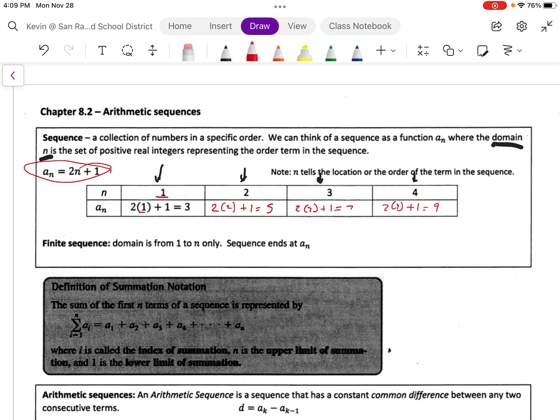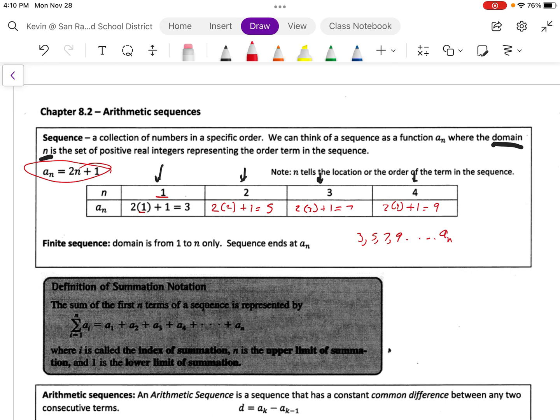So this sequence would be 3, 5, 7, 9, and it could keep going on and on, depending on how many terms we have, clear down to a sub n.